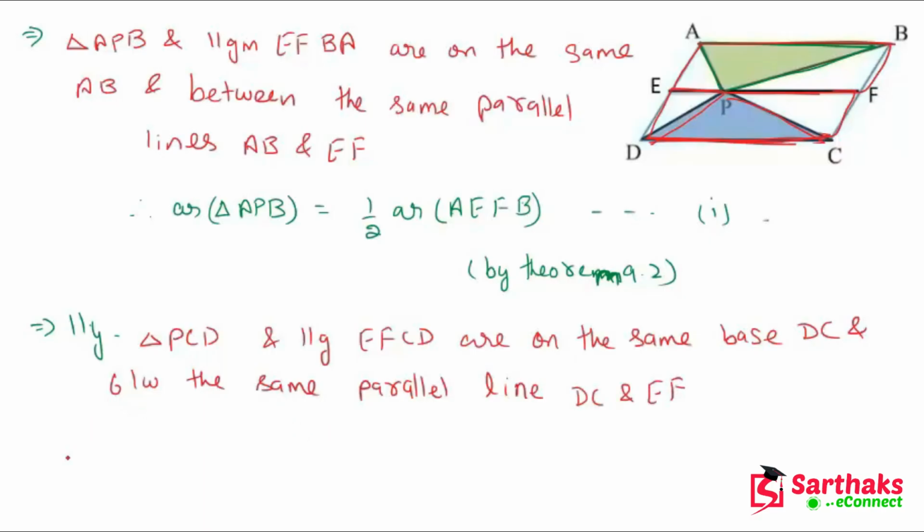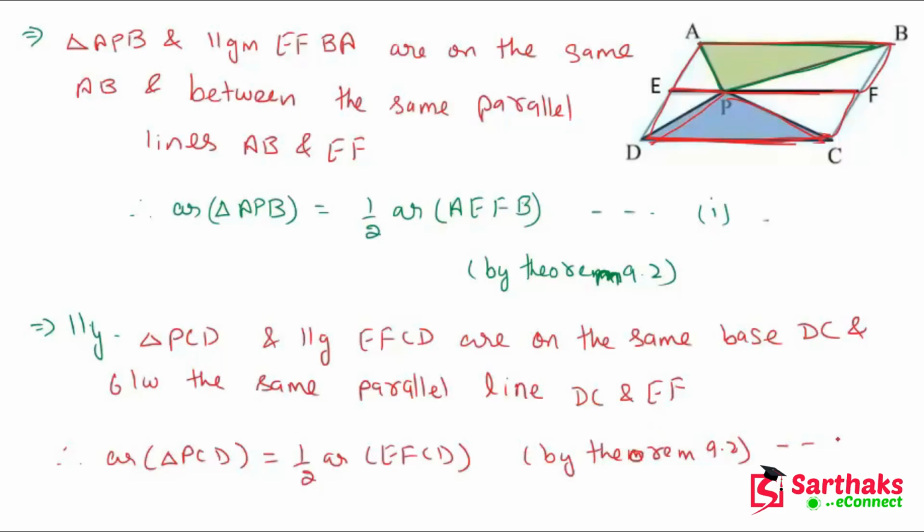So we can write again, since area of triangle PCD is equal to half of the area of parallelogram EFCD, by theorem 9.2. Let's suppose this is equation number 2. I hope you get this point.